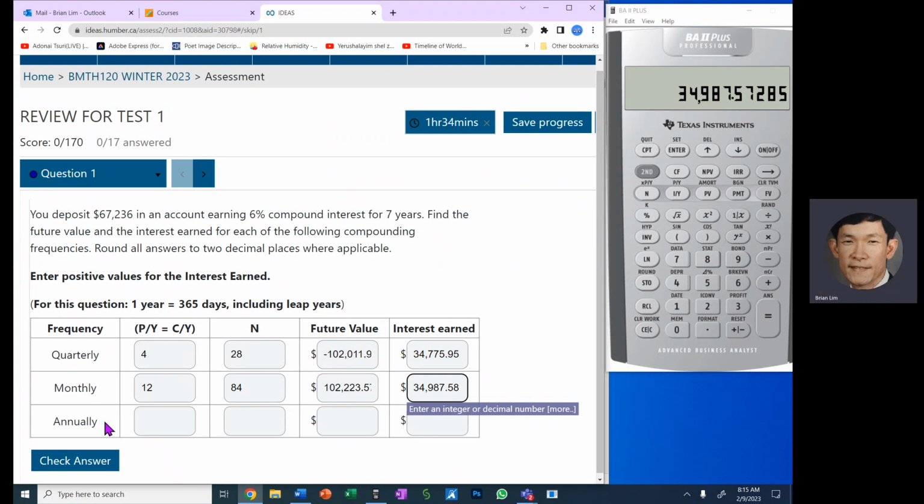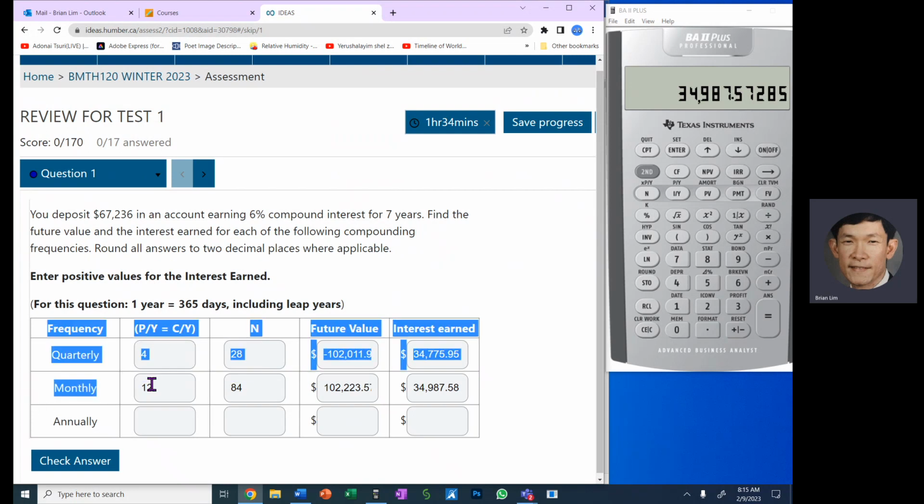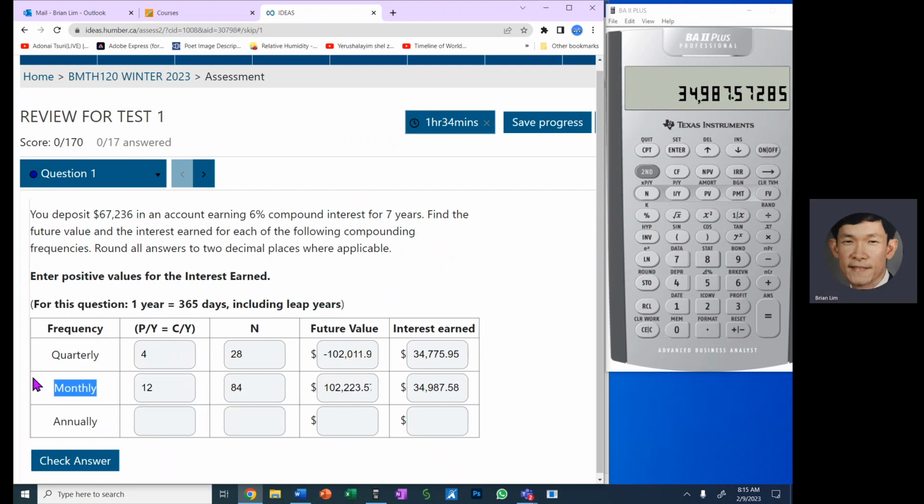Okay, now the compounding, there's nothing that says just these compounding frequencies, and these are the frequencies. Quarterly, so PY equals CY is equal to 4. Monthly, PY equals CY is equal to 12, and annually, PY is equal to CY, and it's equal to 1.